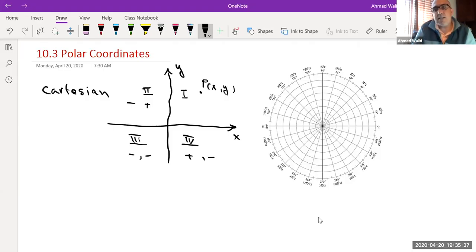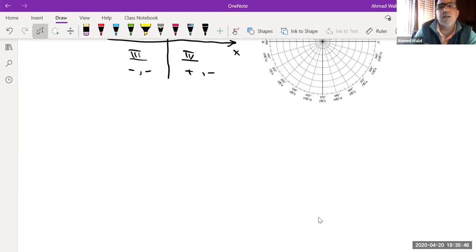Now, the new system that you see here, we call polar coordinates. What is polar coordinates? I will start introducing it this way. For example, my whiteboard is a plane, right? First, you choose a point in your plane. The name of this point we call the pole, which actually means origin.